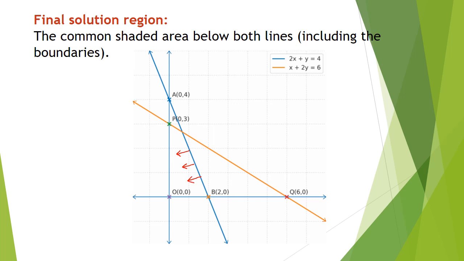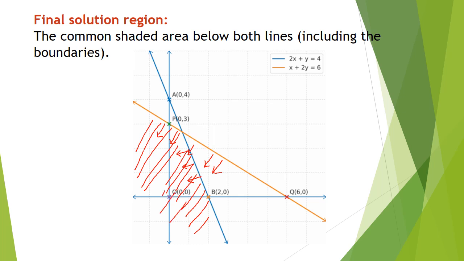For L2 we also have a true test point, so it also includes the region which has the origin in it. So the area for L2 is this one. Now you can see that the common area for L1 and L2 is this one. This is the common shaded area between both of the inequalities.